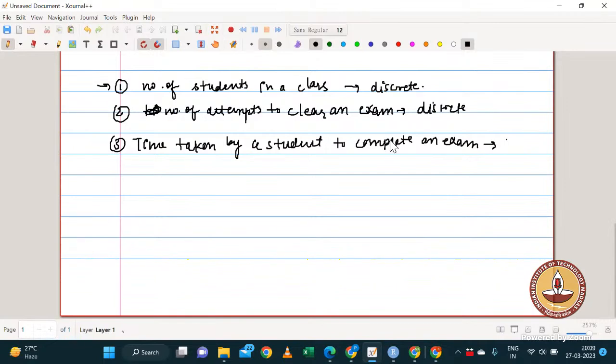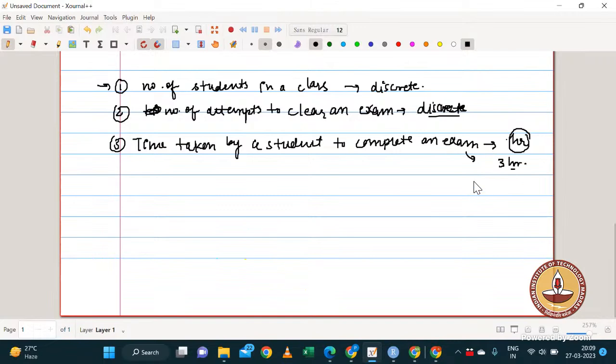Correct, great. But sir, I have to measure in hours and minutes, right? Sir, but as you said, after measuring it, we'll get a discrete value, like 1.5, 2.5? No, don't consider it like that. Suppose the exam is of 3 hours.